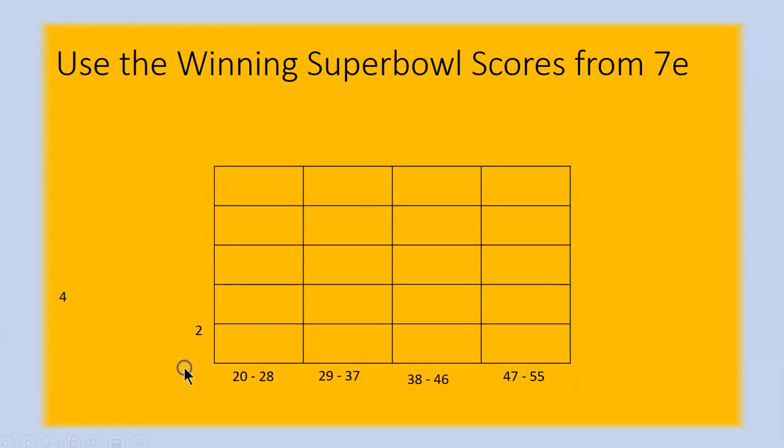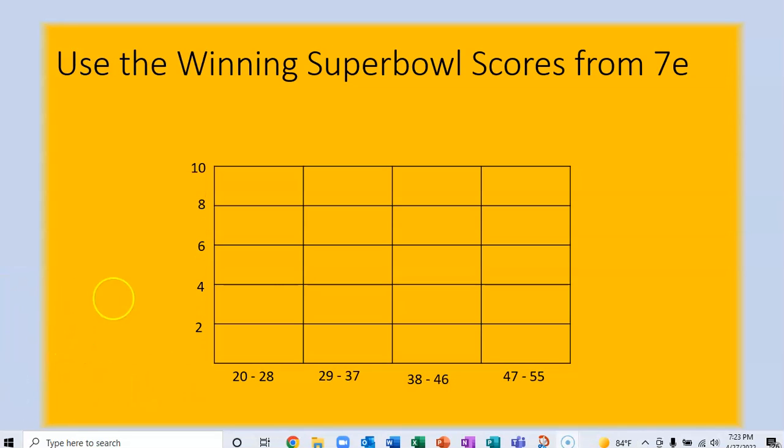We have 2, 4, 6, 8, 10, and I'm going to go back and fix those numbers. And with the magic of technology, there we go. Remember, we number the lines. Down here we number the spaces. Here we number the lines. So they're now in the right place. 2, 4, 6, 8, 10.